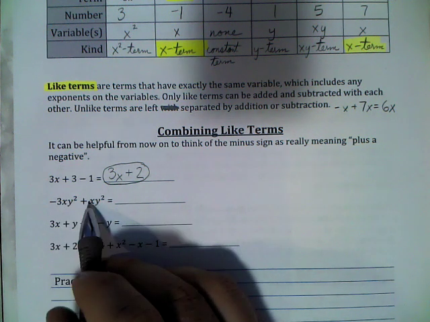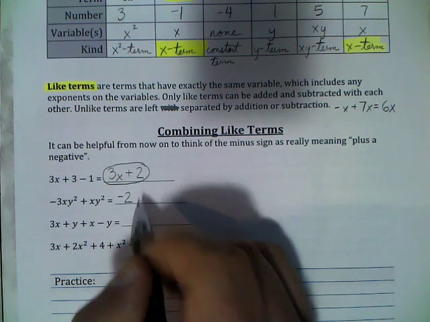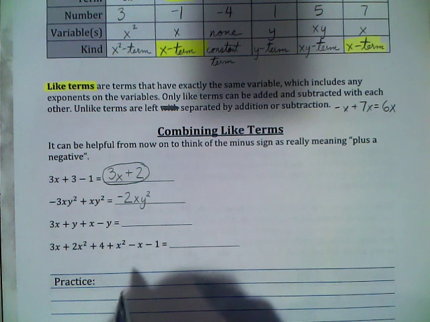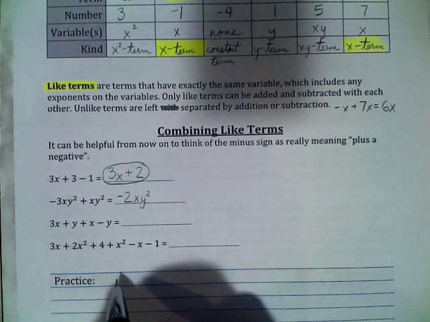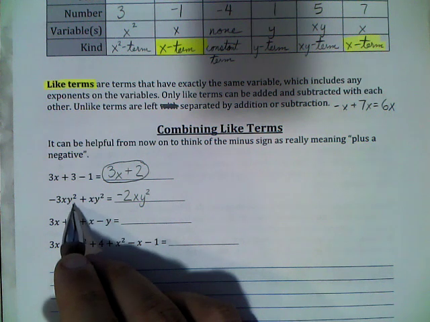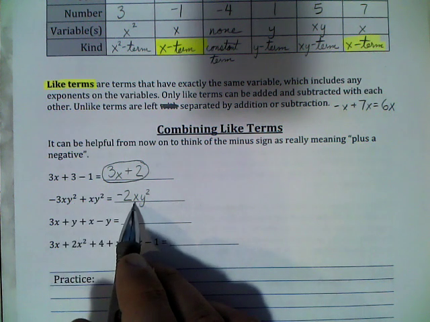Well, negative 3 plus a positive 1 would be a negative 2. And then it is still the same kind of term. So since it was xy squared, it's still xy squared.